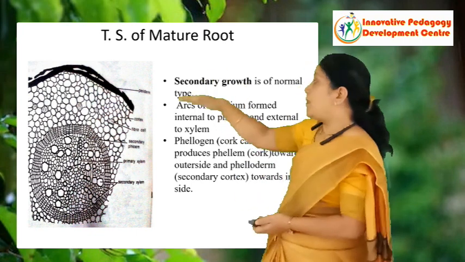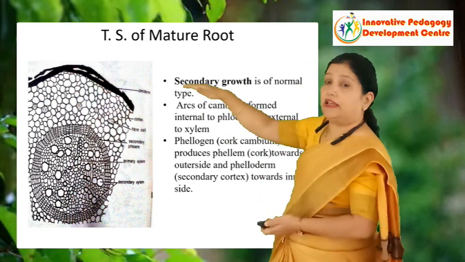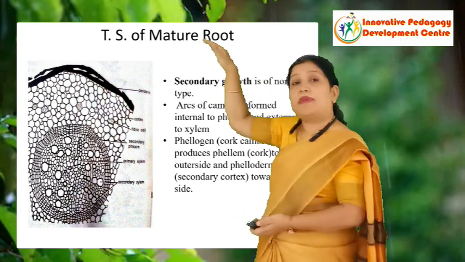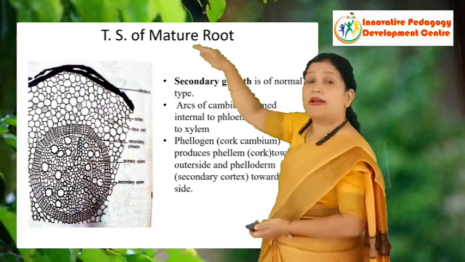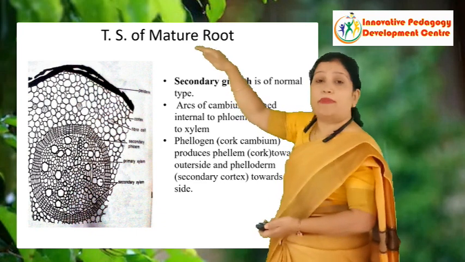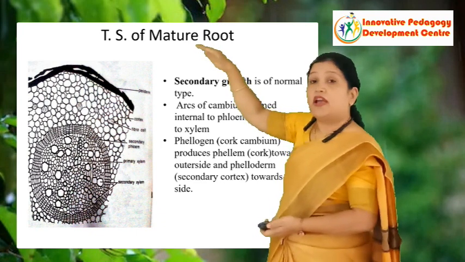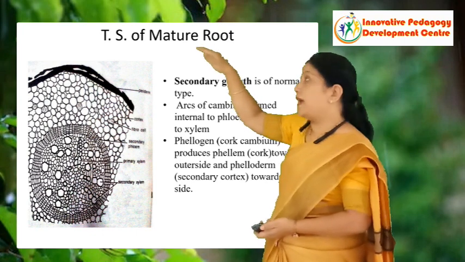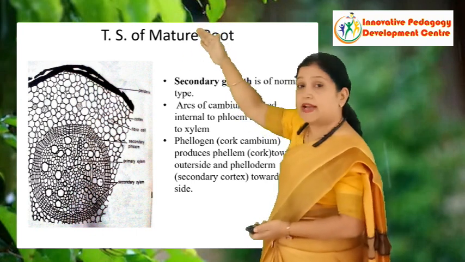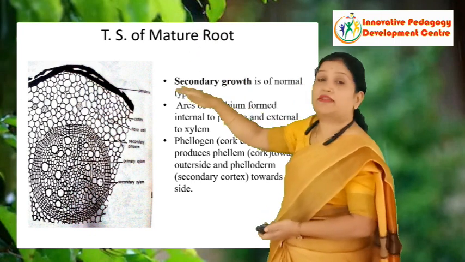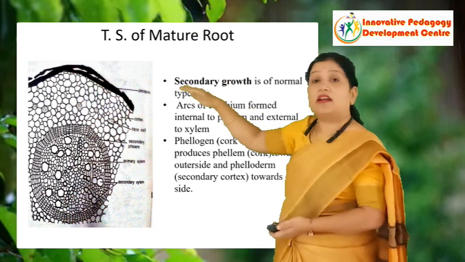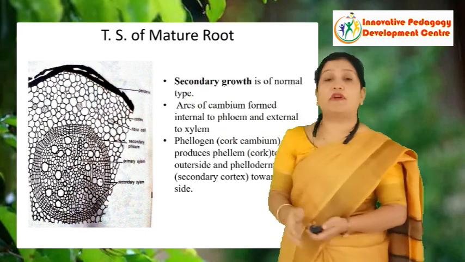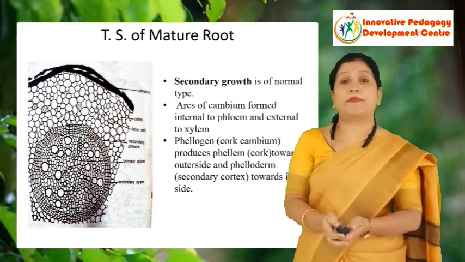And to cope with this increasing pressure from the inner side, there is the development of the periderm, in which the cork cambium becomes active and it adds cork towards the outer side and the secondary cortex towards the inner side. Here, one thing you will notice is that now the radial bundles are converted into collateral bundles.